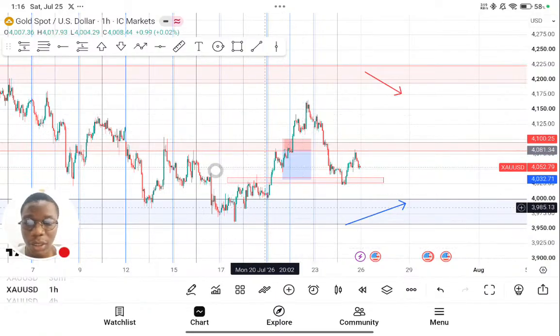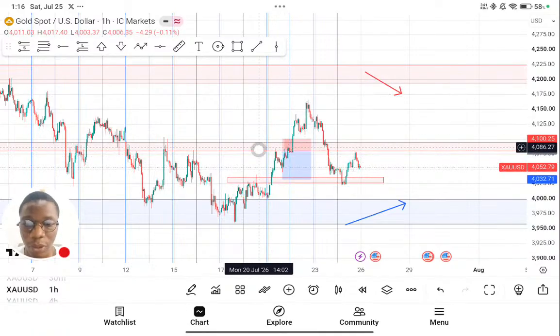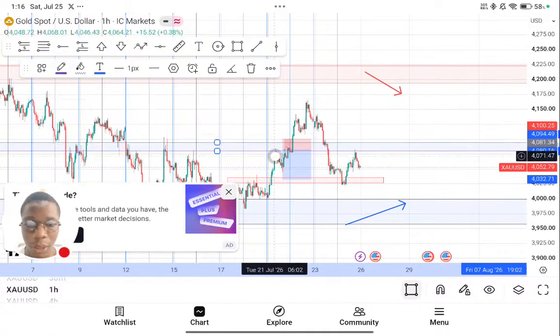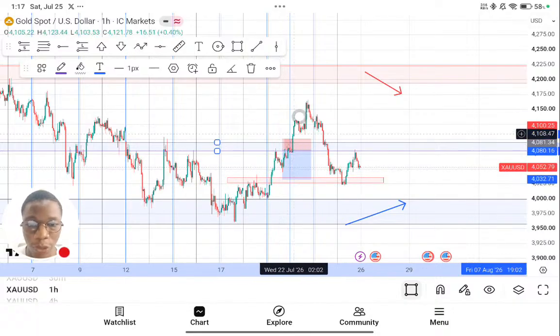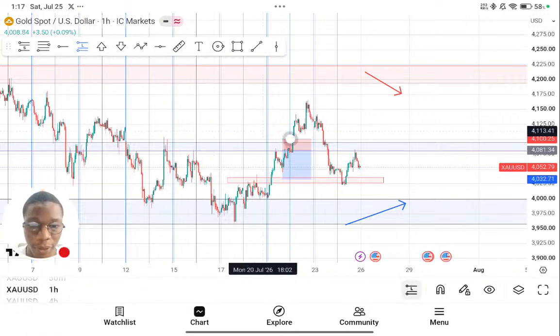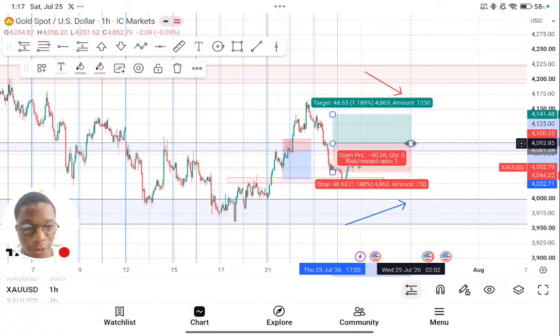And just imagine I told you that if a resistance gets broken, it turns to a support, and you just immediately use that, right? And say since it was broken, it has turned to a support and price came here. You didn't wait for any confirmation, you just bought from this point. You still lose.